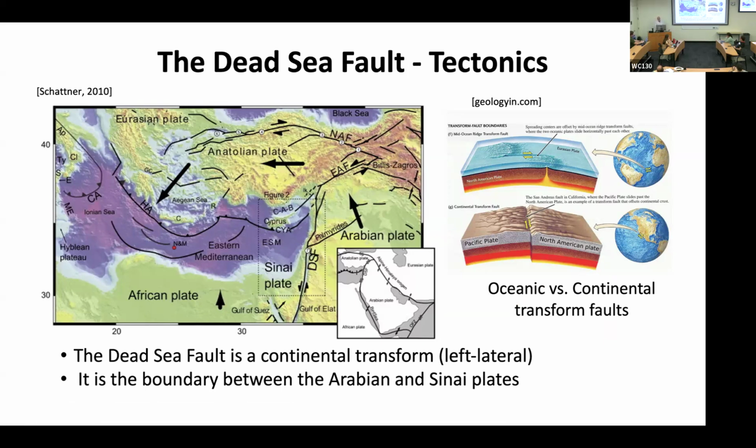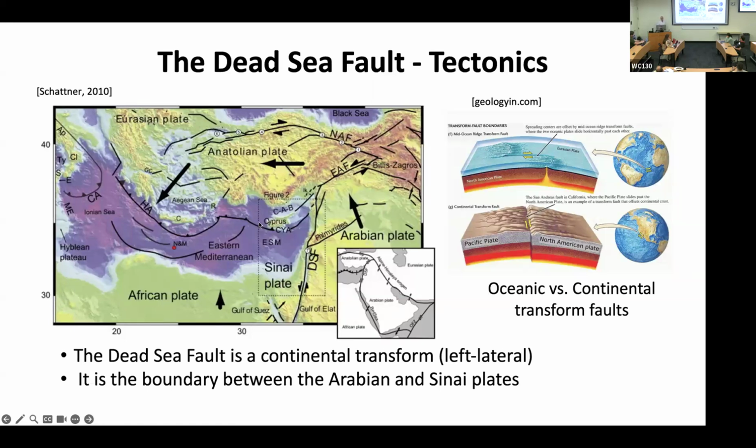So the Dead Sea fault is a tectonic plate boundary separating between two plates, the Sinai plate and the Arabia plate. In the bigger picture, we have three big plates. We have the African plate, also divided. Then we have the Arabian plate and the Eurasian plate. And in the area in the Eastern Mediterranean, there are two smaller plates, the Sinai plate or subplate and the Anatolian block.